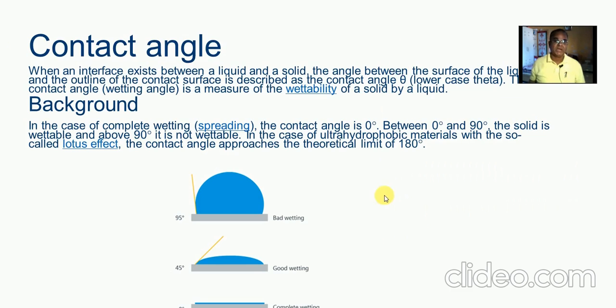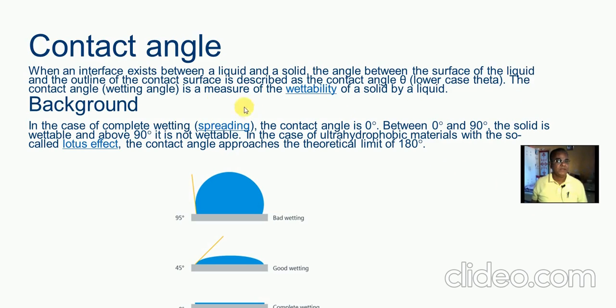Then another important term, contact angle. When an interface exists between a liquid and a solid, the angle between the surface of the liquid and the outline of the contact surface is described as the angle of contact or contact angle theta. This diagram shows the concept of angle of contact.